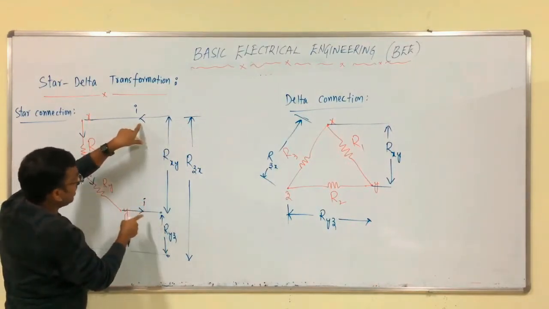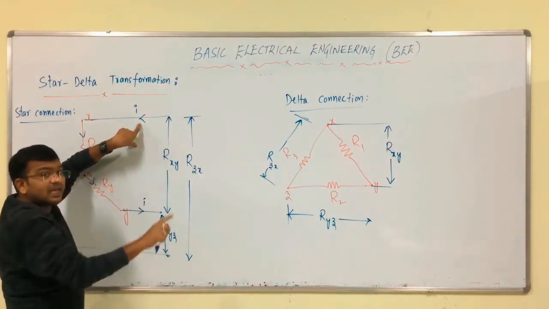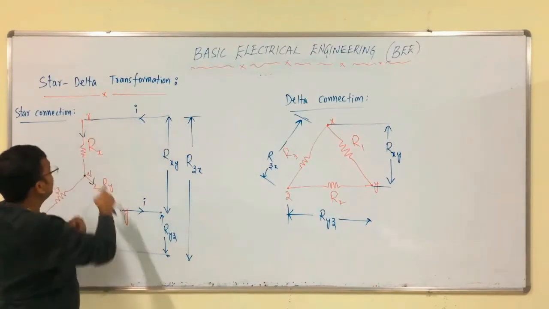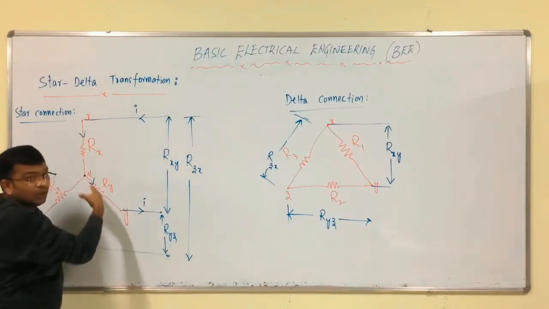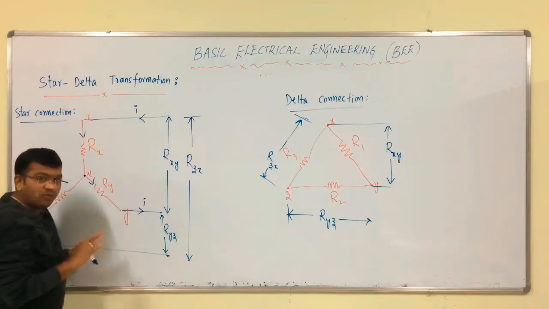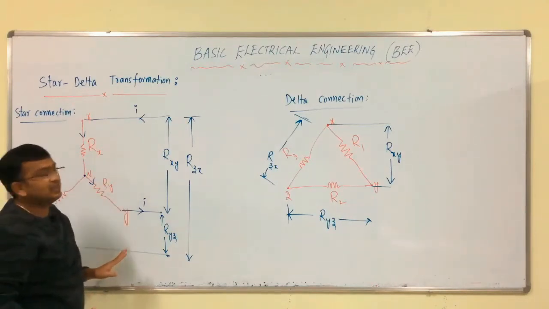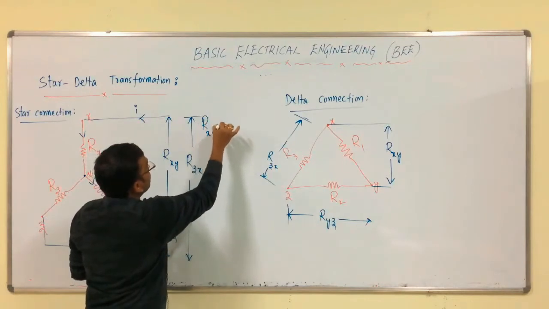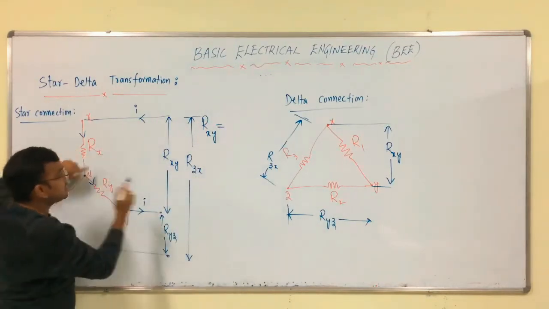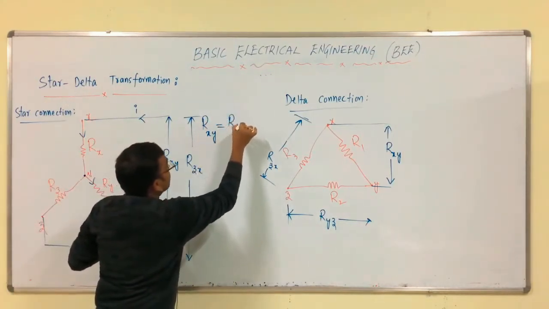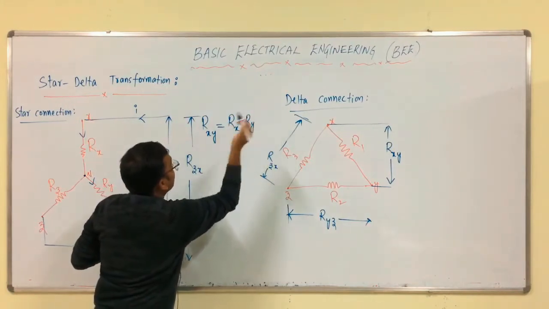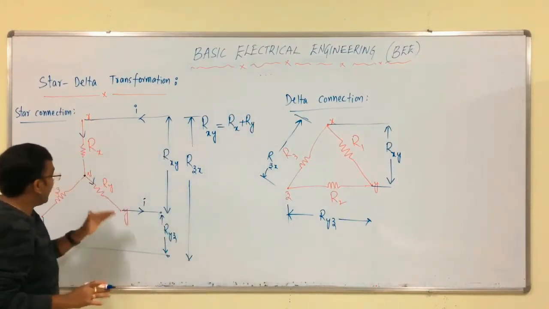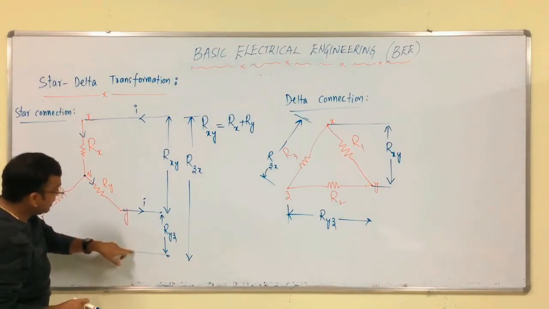Entering current is I, outgoing current is I, KCL satisfied, and the same amount of current flows through these two branches. So, obviously, these two are in series. So, R x y is equal to R x plus R y, clear.